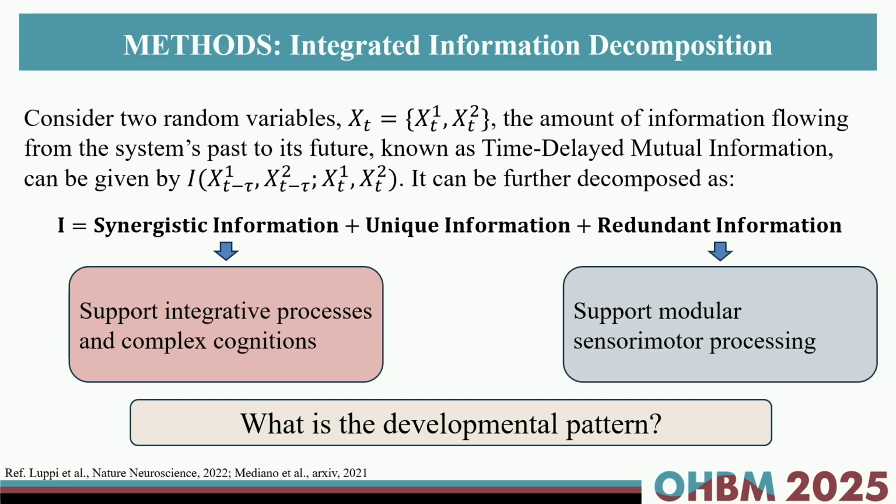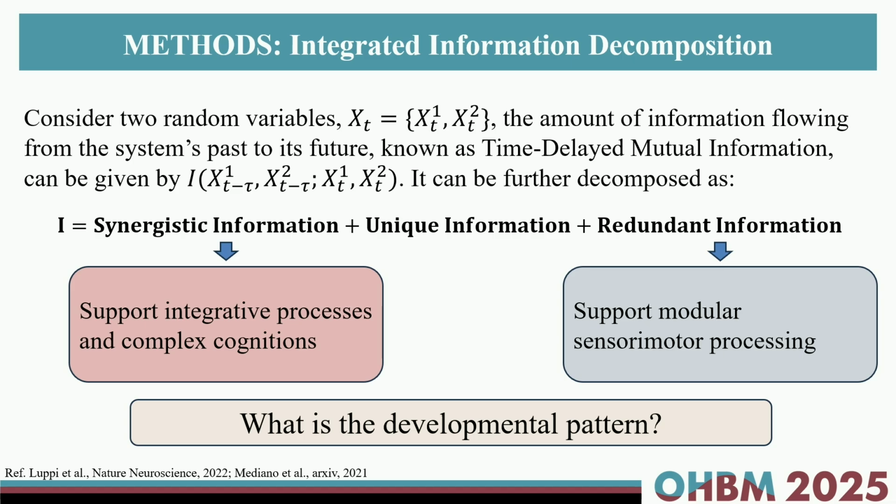Luppi and his colleagues have provided novel insights into synergy and redundancy, and they have provided some explanations for the functional roles of the synergetic and redundant interactions. Specifically, they have demonstrated that synergetic interactions tend to support the integrated processes and complex cognition of the human brain, and the redundant interactions, on the other hand, support modular sensory-motor processes.